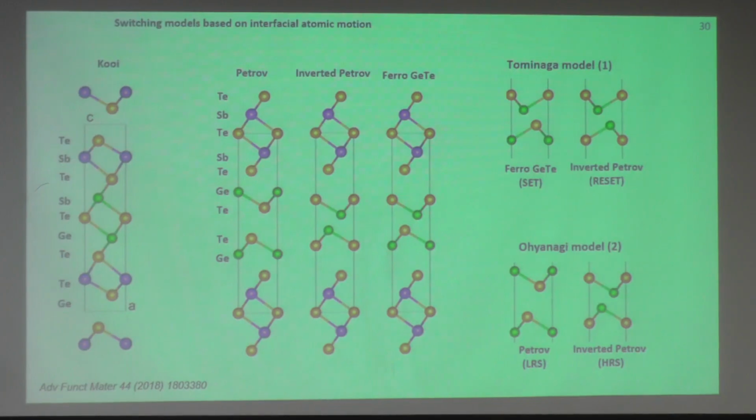Now let us look at the idea of low entropic losses. If we have crystalline layers consisting of germanium telluride and antimony telluride, the high and low resistance states can be obtained by different arrangements of atoms at the interface or in the superlattice. So let's start with the model of such a superlattice. This part corresponds to the antimony telluride.